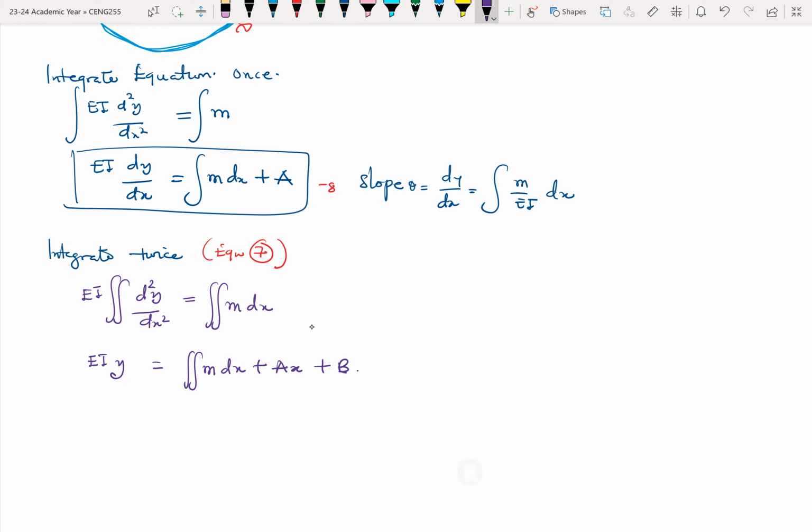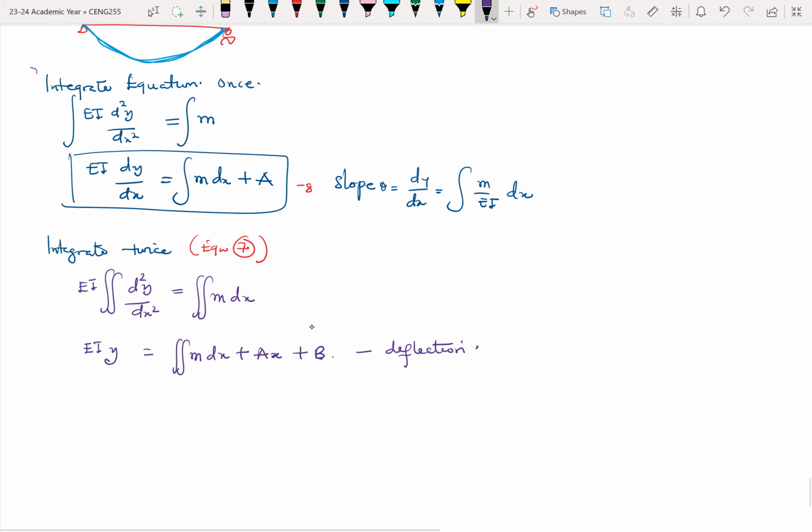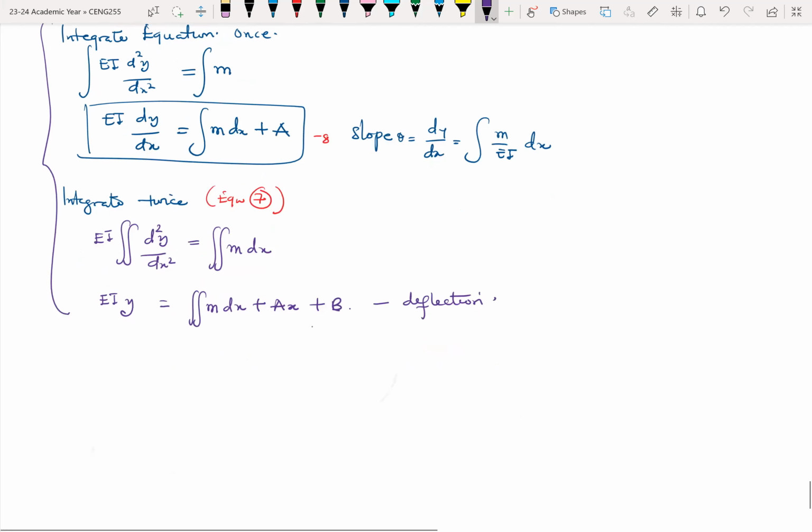So this equation here gives us the deflection. This deflection or displacement is what we call the double integration method, because we integrate the Bernoulli equation twice to give us the deformation. Okay. So let's have this in mind. We'll come back to it.